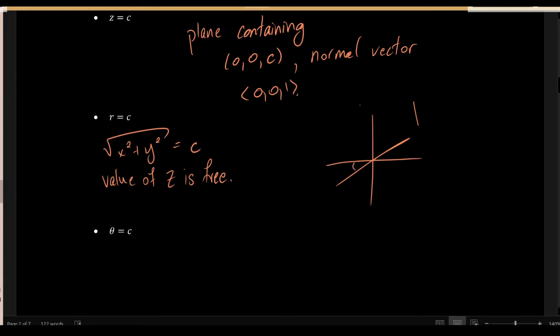X and y must live on a circle of radius c, which is then extended infinitely in the positive and negative z directions to reflect the fact that the value of z is free in this equation.